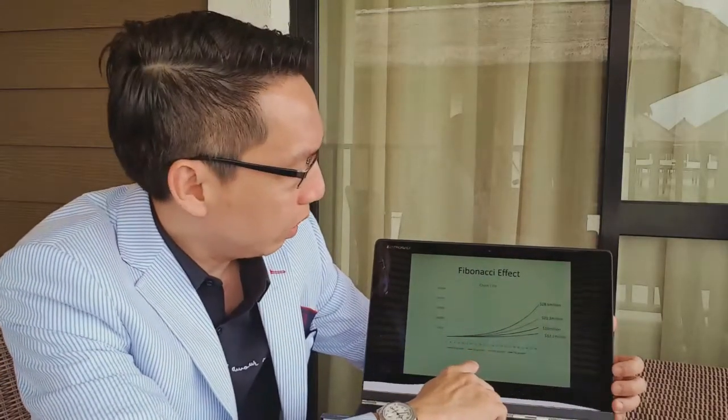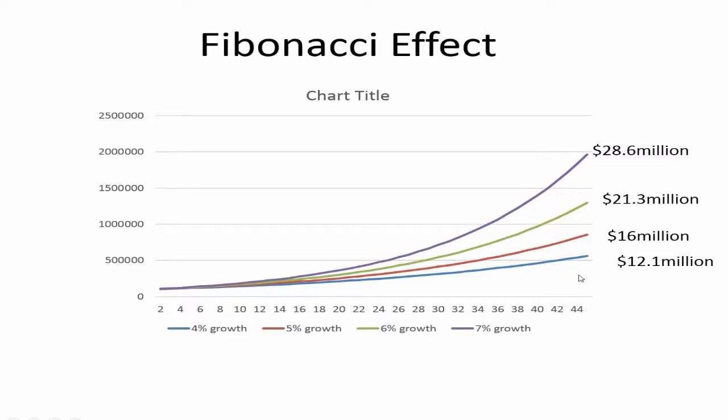Okay. What I will show you is quite incredible. You see, if a person has about 45 annual incomes, and if we take that as 45 years, if you grow at 4%, you see the blue chart, it comes to about $12.1 million. But if you grow just 1% more, at a rate of 5%, then you get about 16 million at the end of your 45 years of annual income.